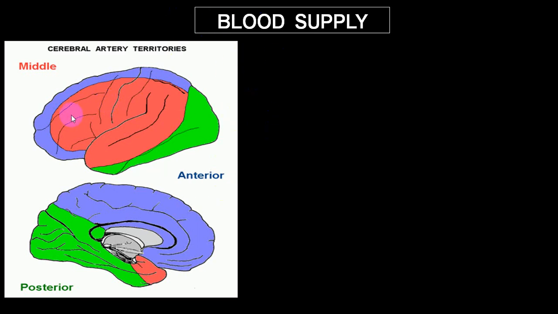So the frontal lobe portion, parietal lobe and temporal lobe are mainly supplied by the MCA territory. This is the ACA territory and this is the posterior cerebral artery. So posterior cerebral artery is more of the occipital lobe, MCA territory more of frontal, parietal and temporal lobe, while ACA territory is mainly in the midline close to the superior sagittal sinus, which is more responsible for lower limb and bladder involvement.